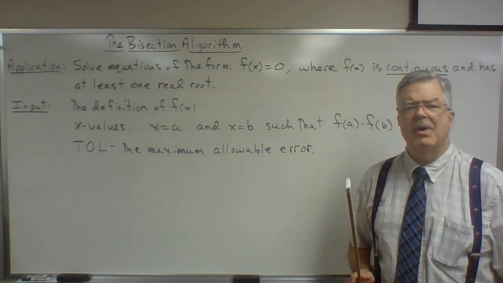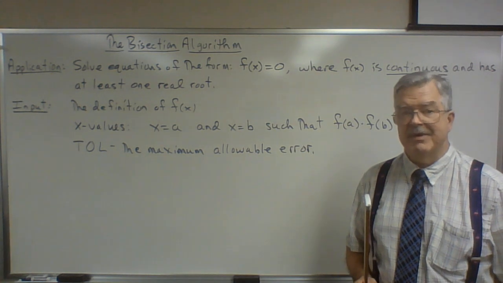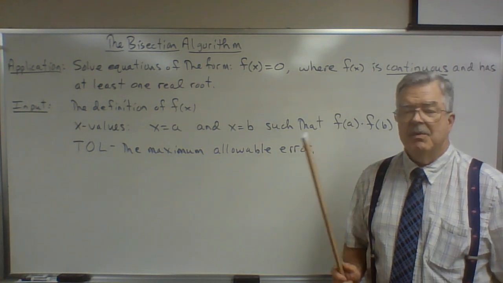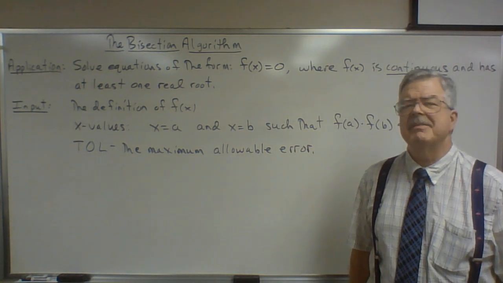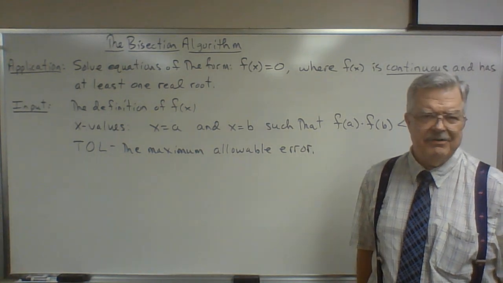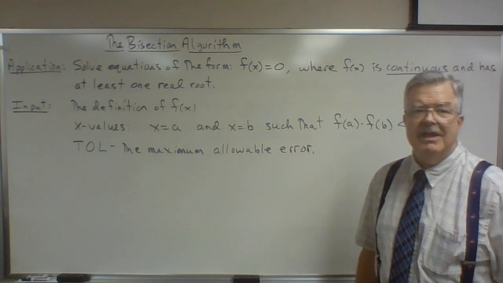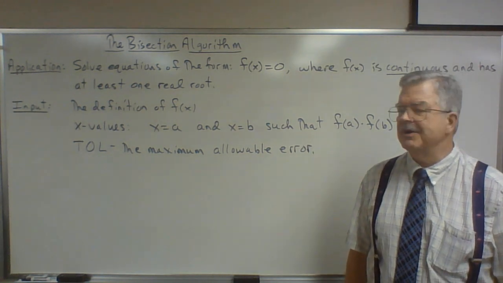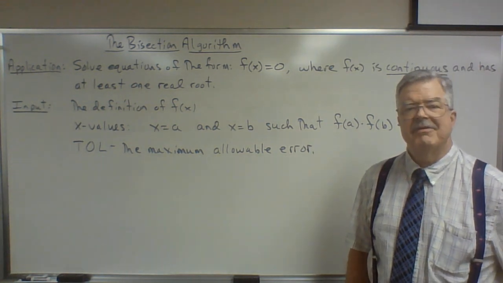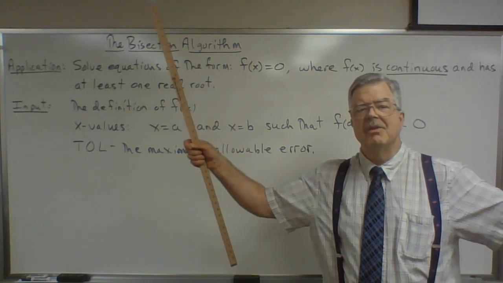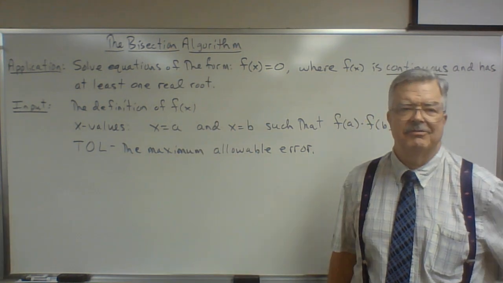Newton's method requires that f of x be differentiable. With the bisection algorithm, f of x doesn't have to be differentiable. It just has to be continuous. In other words, the graph of f of x just has to be one long connected piece of spaghetti.